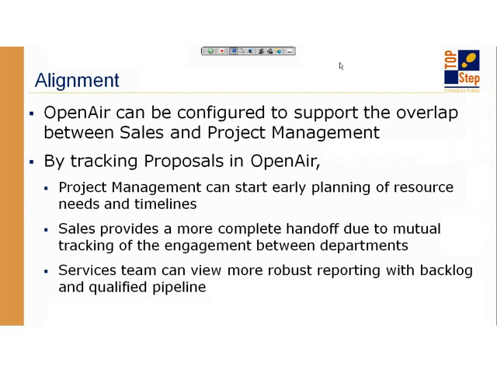Sales, on the other hand, can keep the sales services team up to date as the proposal and opportunity are maturing in the sales system, and integration between the two systems can make sure that updated information is pushed over to OpenAir on a regular basis. So both teams can have assurance that a handoff between sales and services may be more complete and avoid any risks of missing information or knowledge.